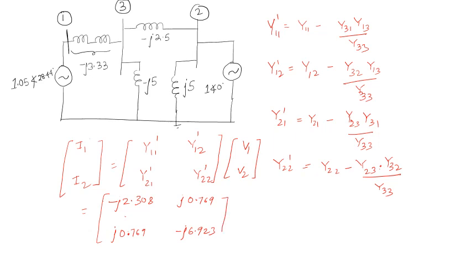So this is how the matrix has been reduced, and these are the values. Just calculate these values if you want to find out the maximum power, or P max, during the fault.